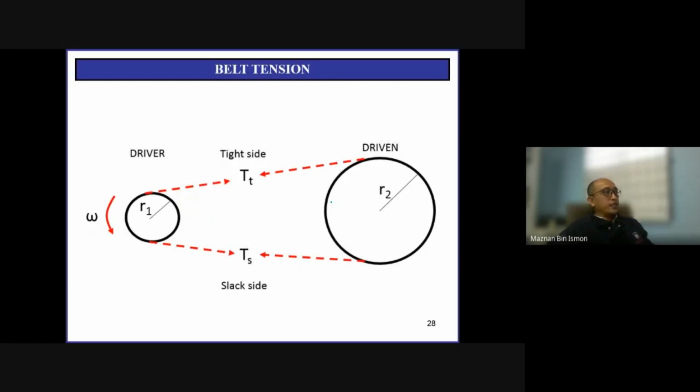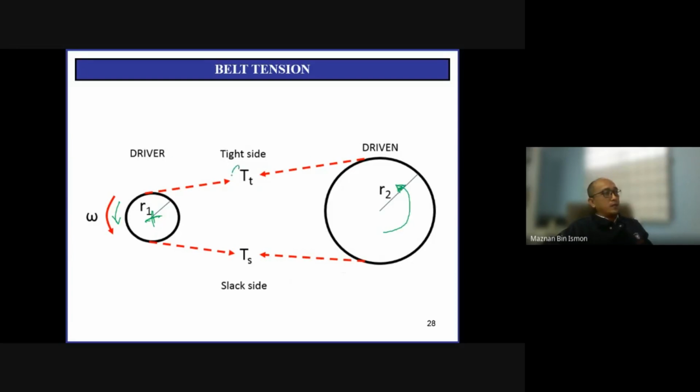Okay, belt tension. Same as the bicycle earlier. This is the input. Let's say the rotation is in this direction. You want to drive the big pulley.